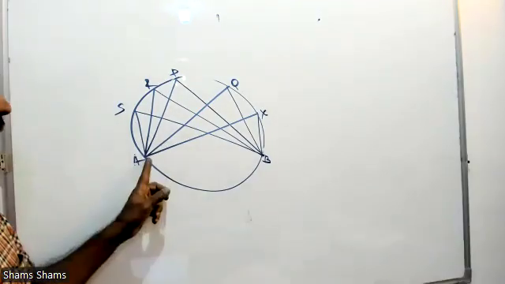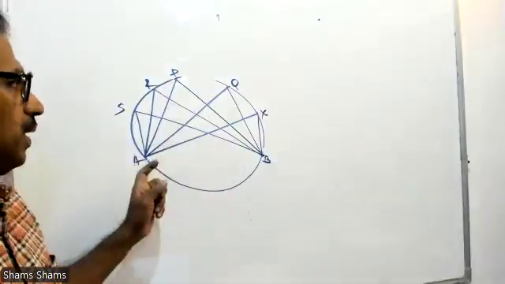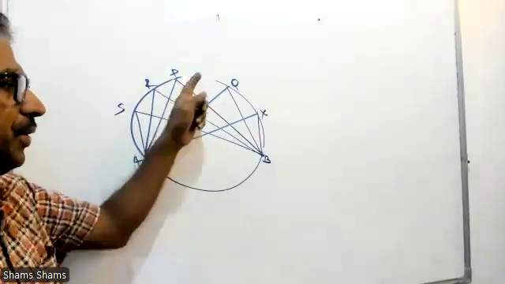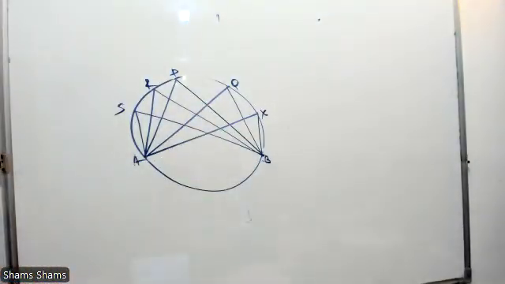You just write angle ASB equal to angle ARB equal to angle APB equal to angle AQB equal to angle AXB. Like that. Angles in the same segment are equal.